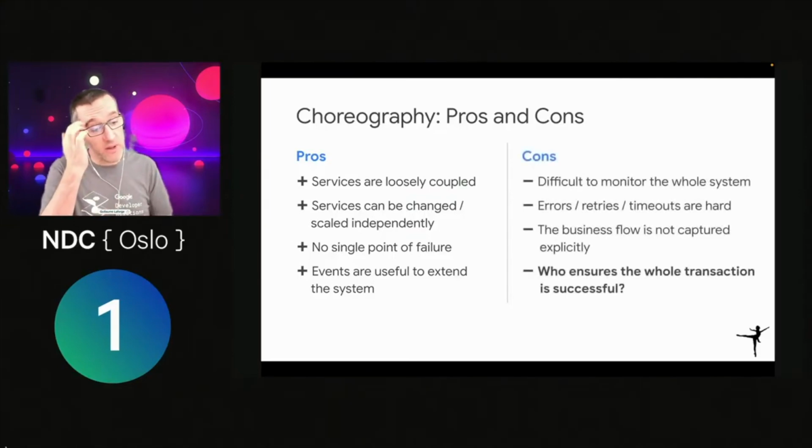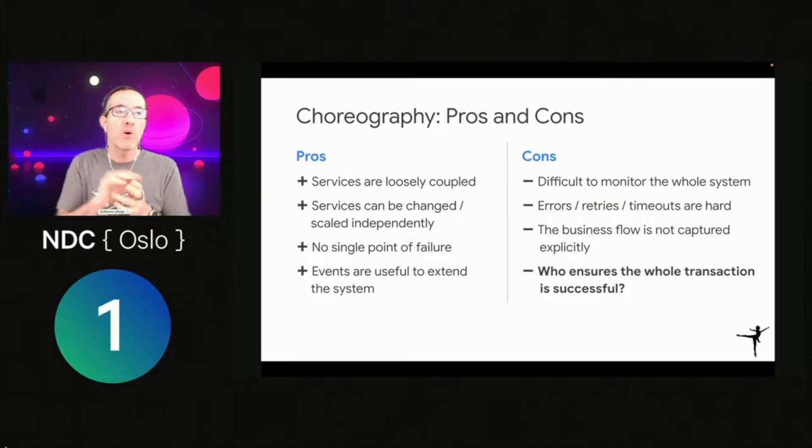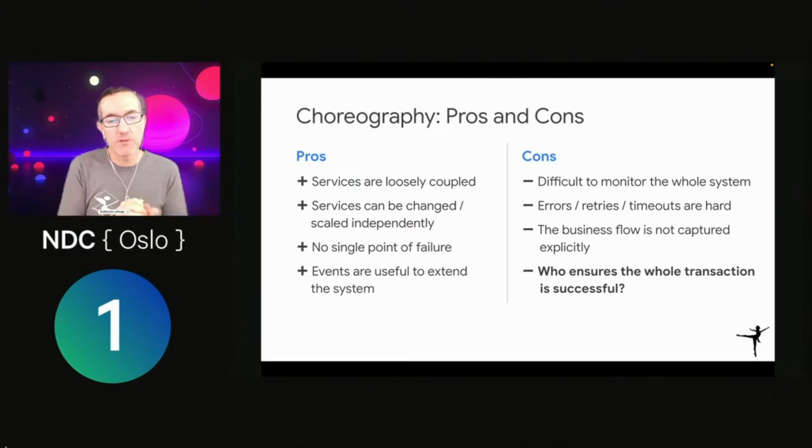In terms of cons, it's usually harder to monitor the whole system. It's more complicated to figure out, okay, this particular message triggered this flow of messages. So you have to keep track of some correlation IDs and things like that to ensure that those messages are somewhat correlated. In terms of errors, retries, timeouts, it's still complicated.